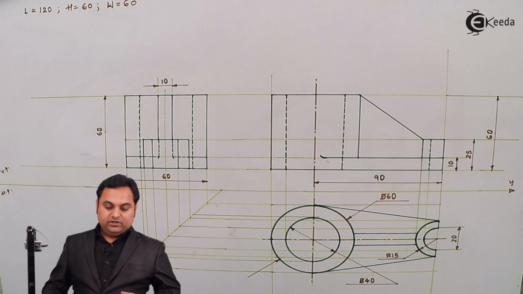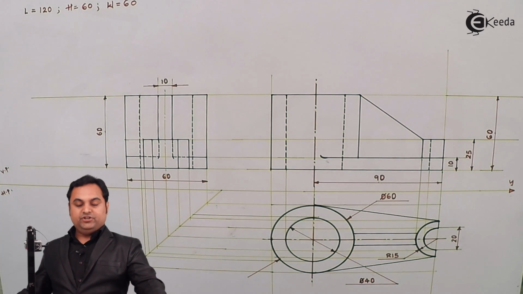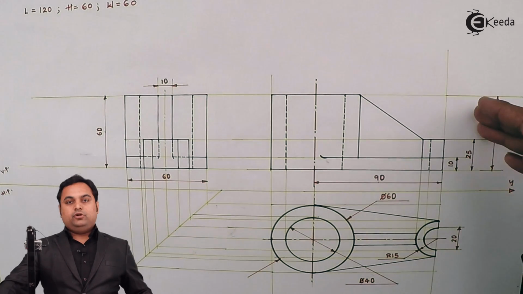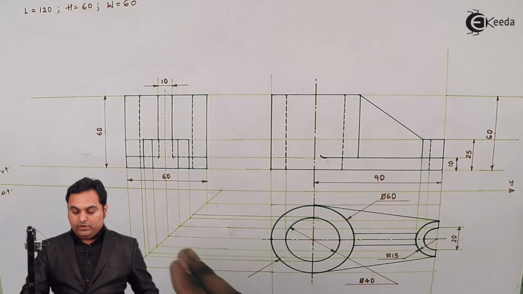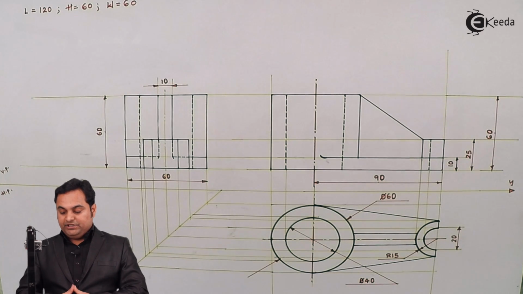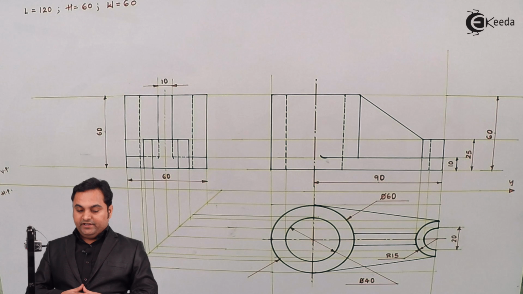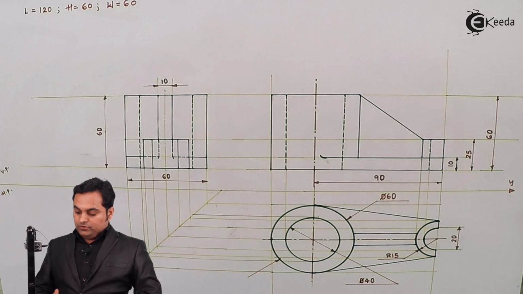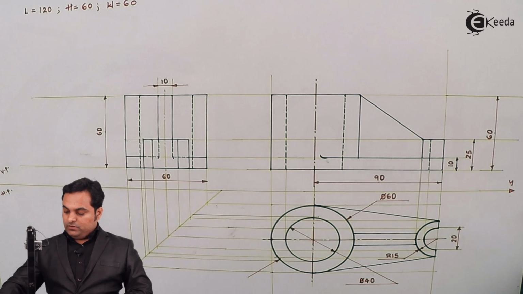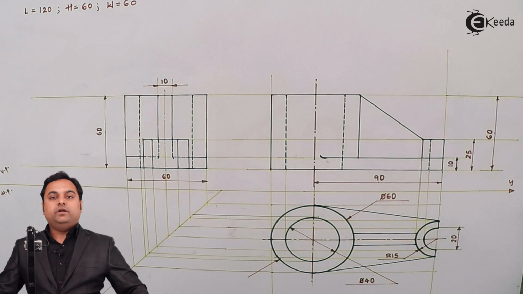Then after completing the dimensions as mentioned in the question, we have drawn the front view, top view and right hand side view of the object and already given the dimensions. So with this we complete the problem.